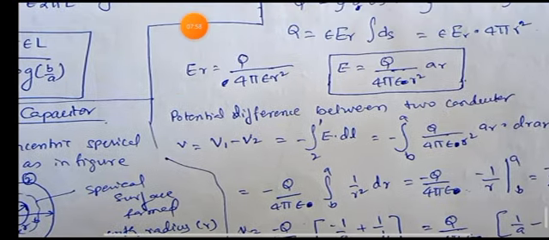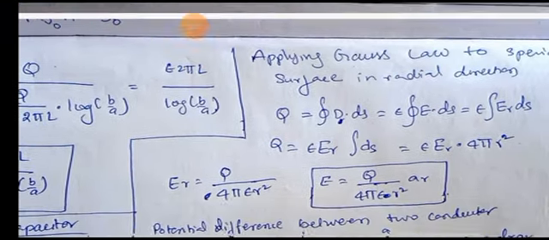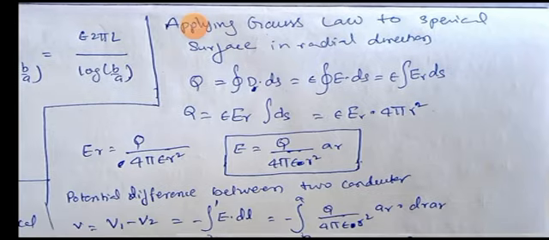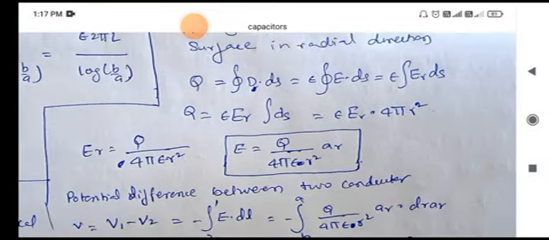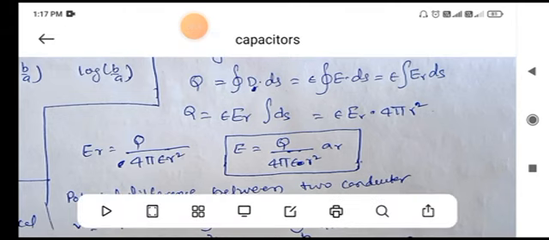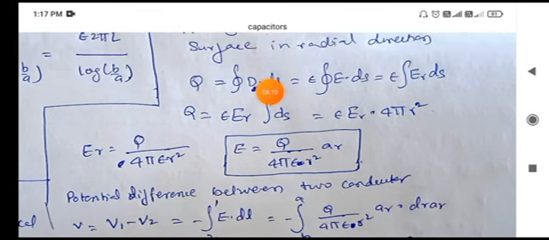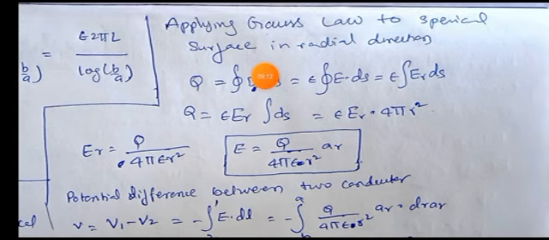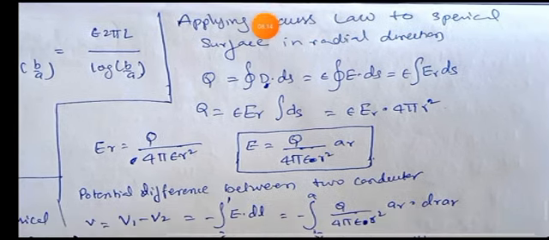Now let us see. You have to apply Gauss law to the spherical surface whose radius is rho. Q equal to closed surface integral of D dot ds.